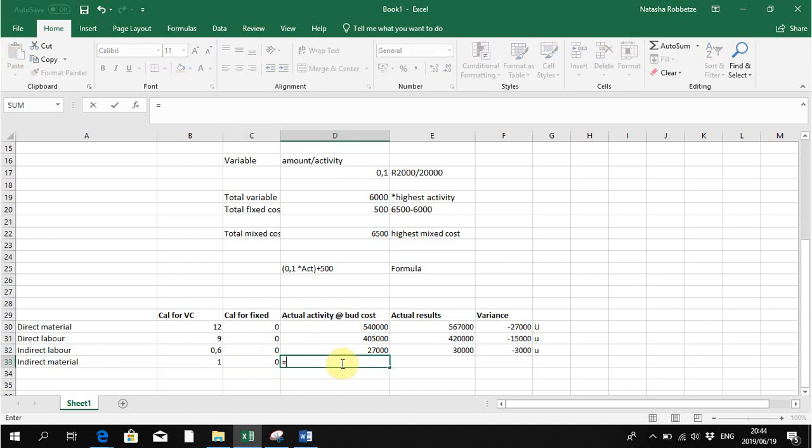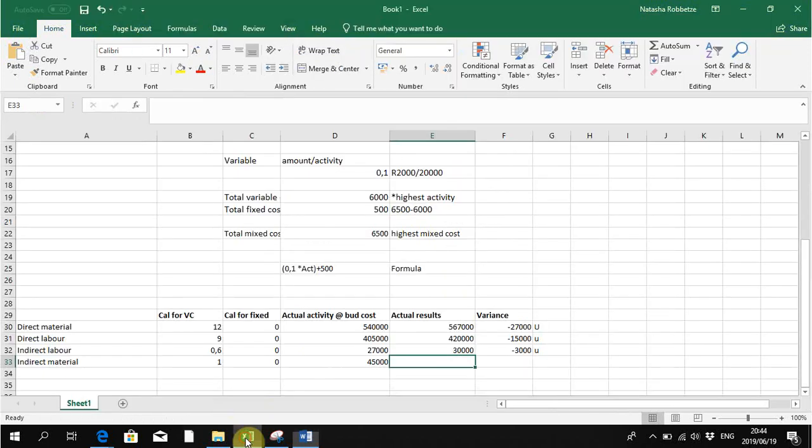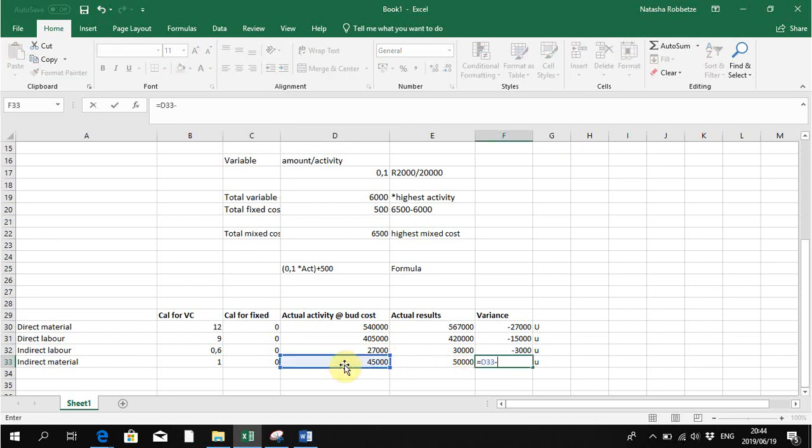Then it's going to be the actual activity level, 45,000 units at 1 Rand. And we need to go and look up what we spent on the material. We spent 50,000. Again, this is going to be unfavorable. The budget allowed me to spend 45,000. I actually spent in real life 50,000. So I overspent, which is negative by 5,000.